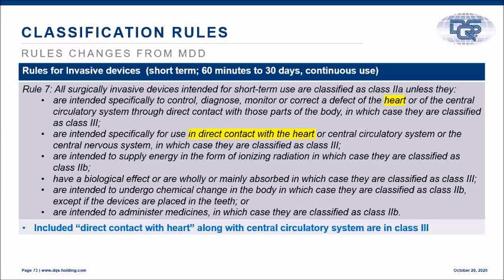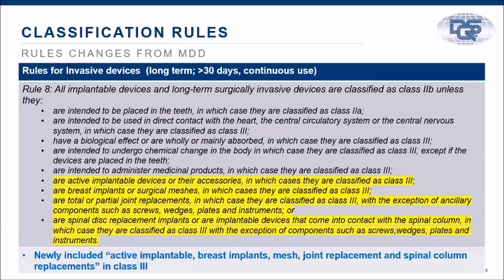Again, devices coming in direct contact with the heart have been put here. This is newly introduced because of the clubbing of active implantables. When you look at invasive devices for long-term use, active implantable devices or their accessories are classified in class 3. Breast implants and surgical meshes all come under class 3.